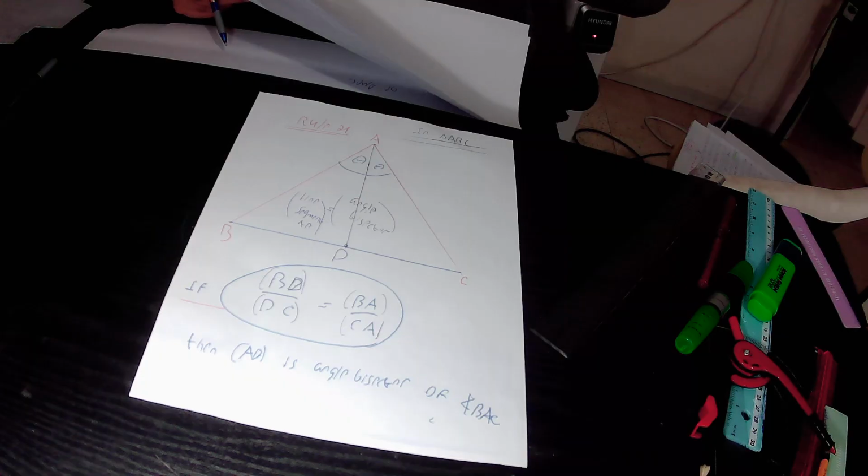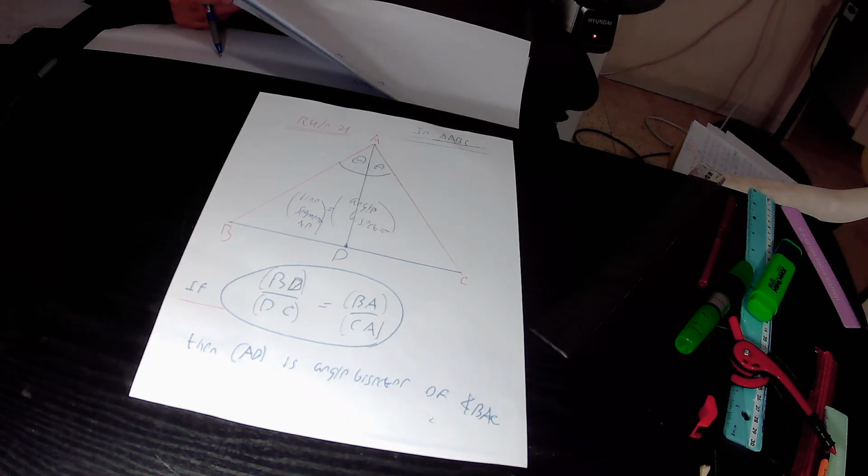This is Rule 21, the converse rule of the angle bisector theorem.